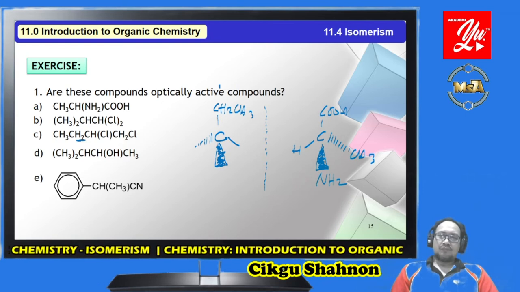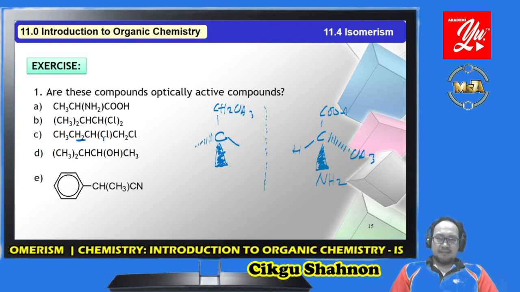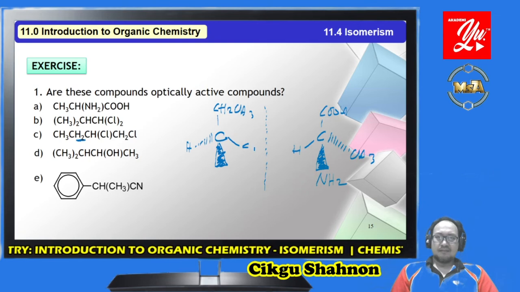The bulky one we draw on top or on the bottom here, and then the small ones, like here we have hydrogen and chlorine. Hydrogen here and chlorine here. So it is easy for us to draw its enantiomers.